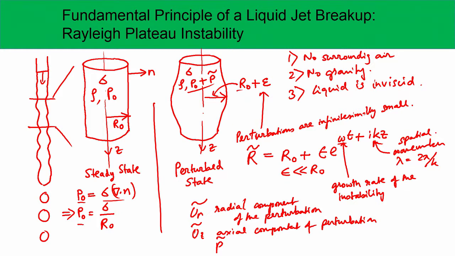So the radial velocity is u r 0 plus u r tilde, u z is given by u z 0 plus u z tilde, and p is given by p 0 plus p tilde. These are perturbations on the base state.